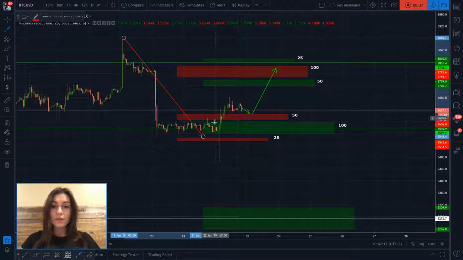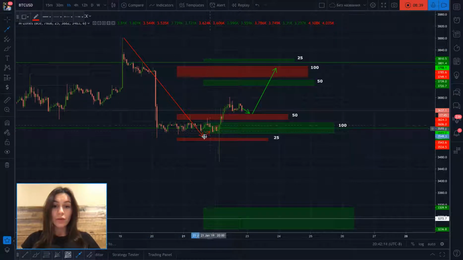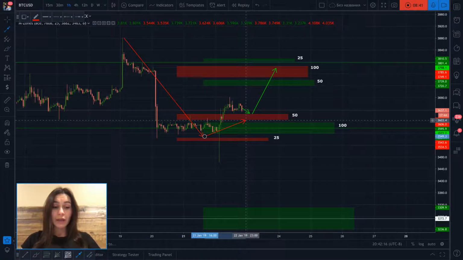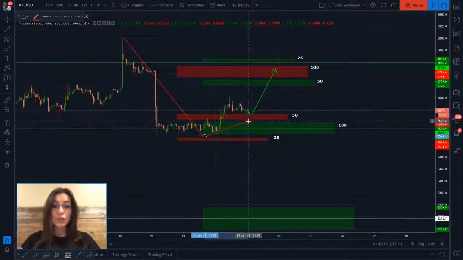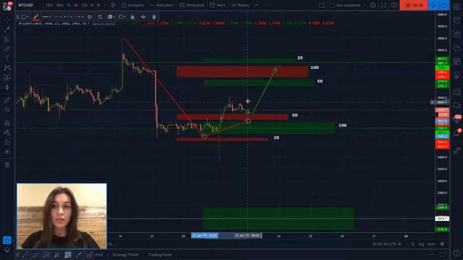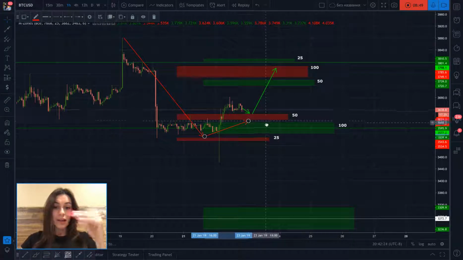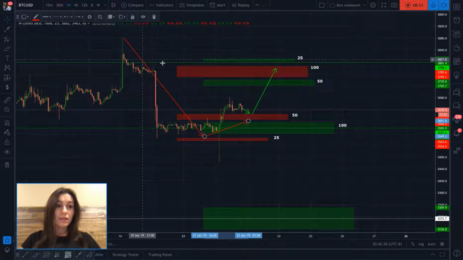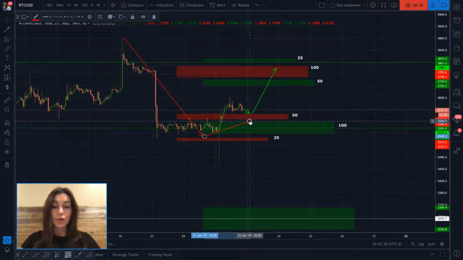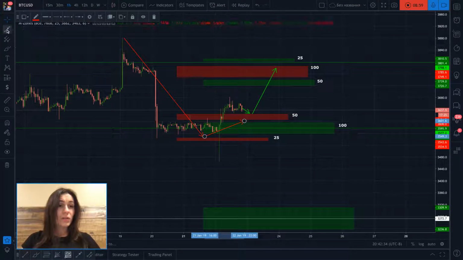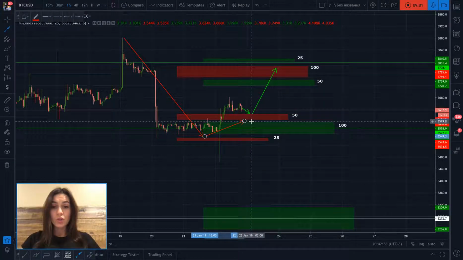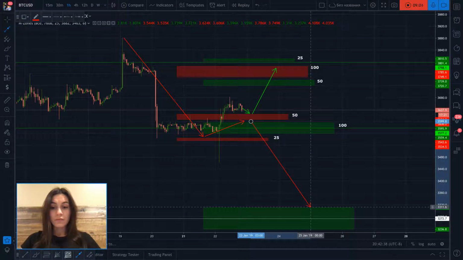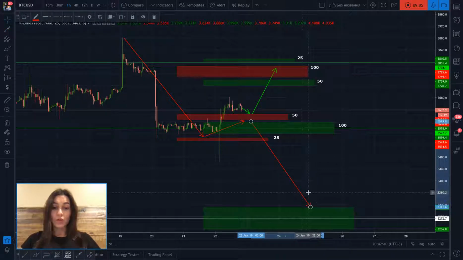So if the downtrend is going to continue, we need to go over here. We need to hit this margin zone and start consolidation under the 50%. That means that we are going to continue our trend from this zone to this. This is our take profit for short position.